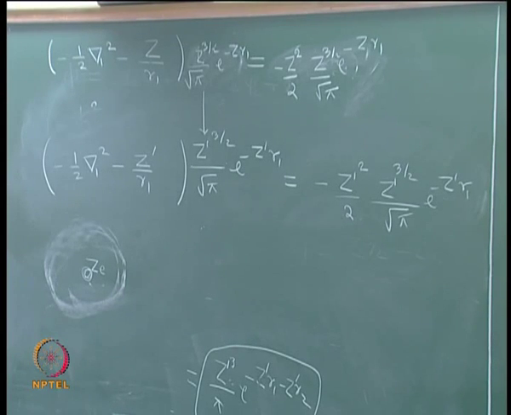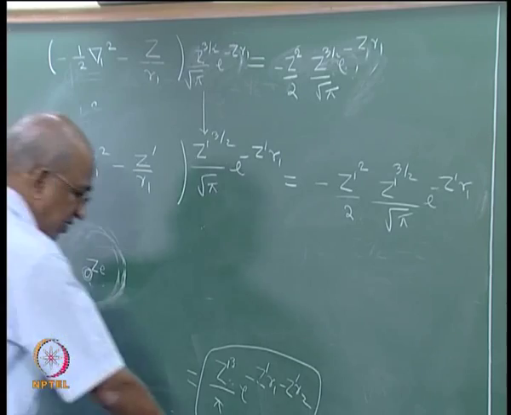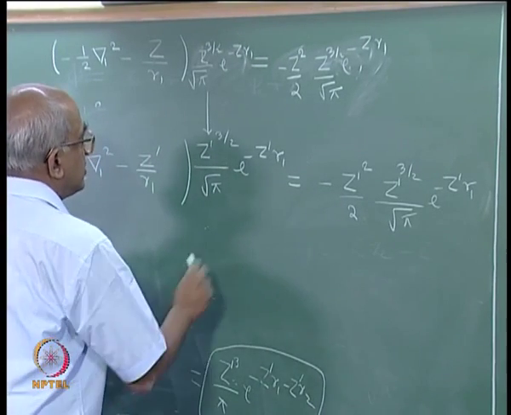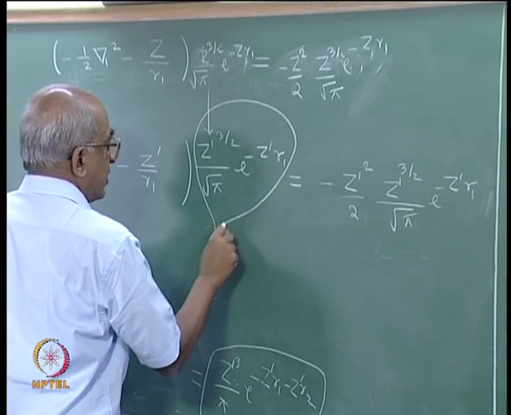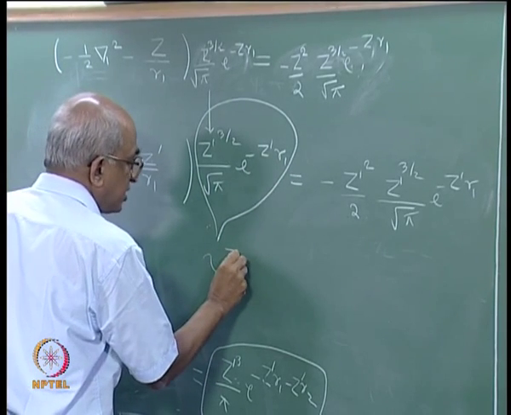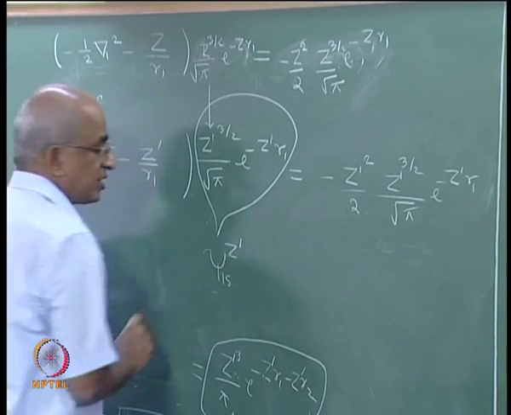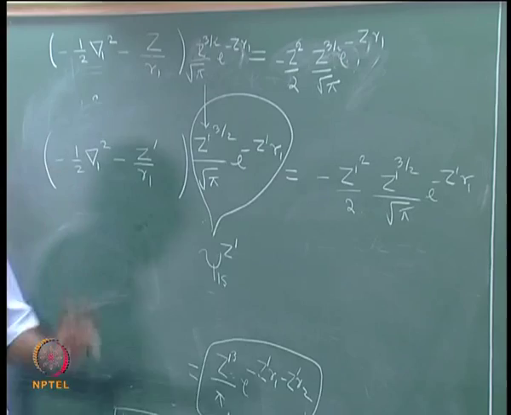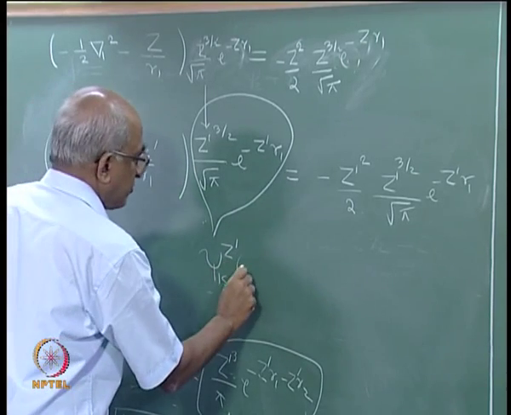Now the notation is cumbersome, so I will write this function as psi 1s with an effective nuclear charge which I shall denote as Z prime, because then I do not have to write this whole thing again and again, and it is a function of R1.